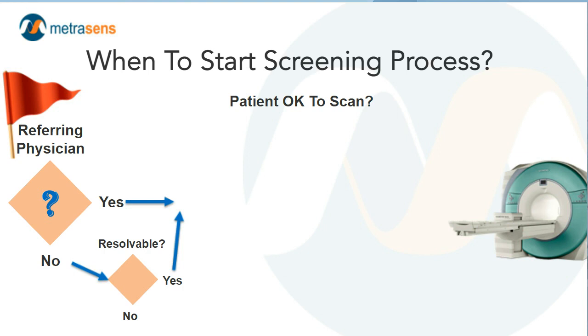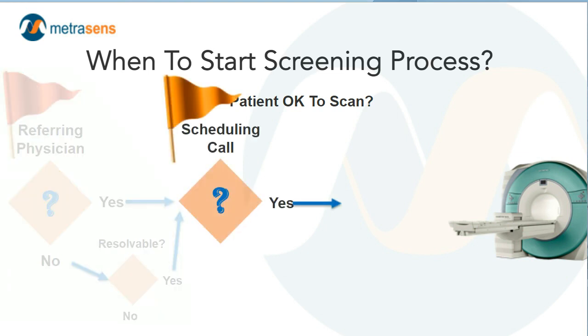So now at the scheduling call, not only does the scheduler have the ability to say, oh, Mr. Thompson, we have you scheduled for next week, Thursday. The scheduler has the opportunity to essentially identify that the initial referring physician questions have been resolved. If there are things that require coordination with the clinical staff, the scheduler can identify and collect that information.